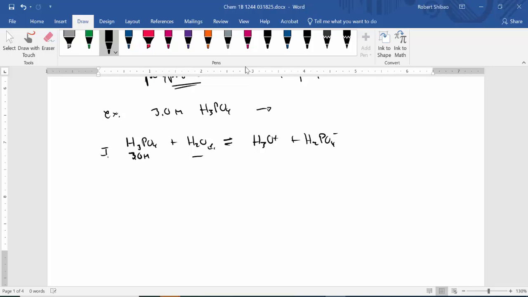If this were a strong acid, we'd say we have 9 molar H plus and 3 molar phosphate. But that's not what we get because only one hydrogen breaks off at a time and it gets successively more difficult. So the amount of phosphate we get at the end is actually quite small.